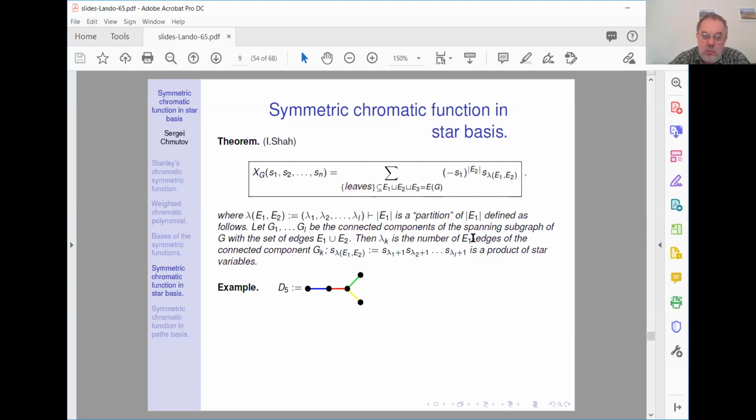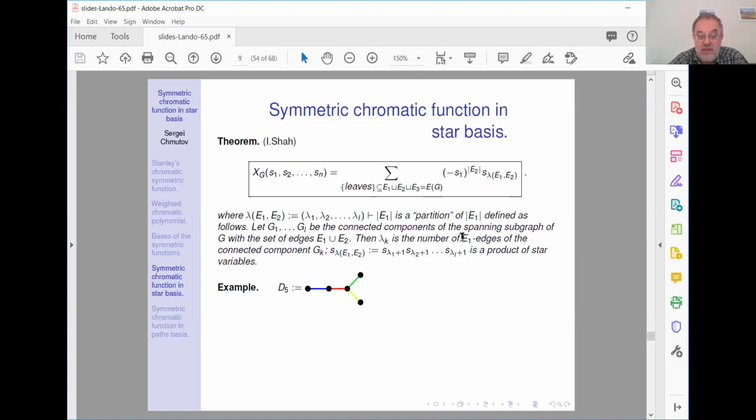of E1 edges. So there is the spanning subgraph in the union of E1 and E2, but it will be the E1 edges in that connected component. And then the S variables, the product, it will be the first connected component, but I add 1 because the number of vertices will be 1 more in the star.